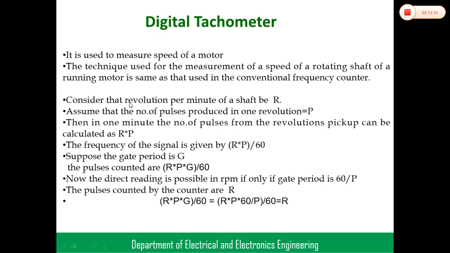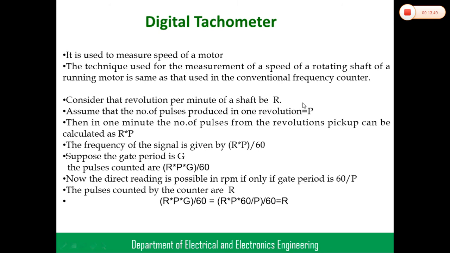Let us consider that the revolutions per minute of the shaft is R. Assume that the number of pulses produced in one revolution is P. Thus in 1 minute the number of pulses from the revolution pickup is R into P. So the frequency of the signal is given by R into P divided by 60 per second. Suppose the gate time is G, then the pulses counted are R into P into G divided by 60.